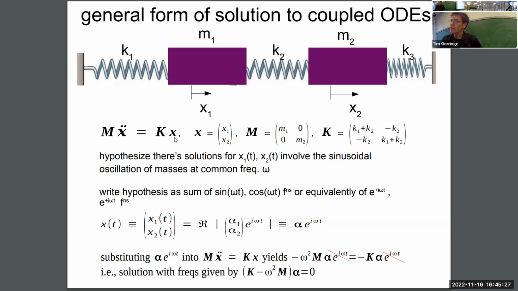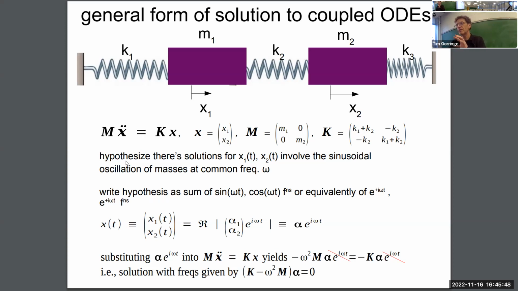So here's the couple of differential equations again in this particular matrix and vector notation. And I'm just going to make a hypothesis, and we're going to start with that hypothesis, and it's going to lead us to these normal modes.